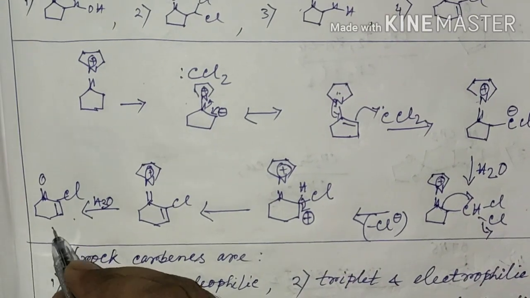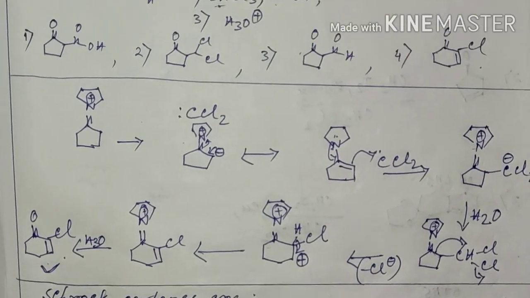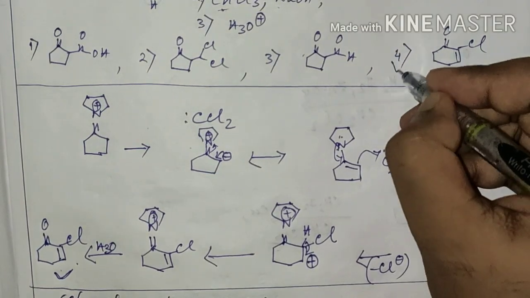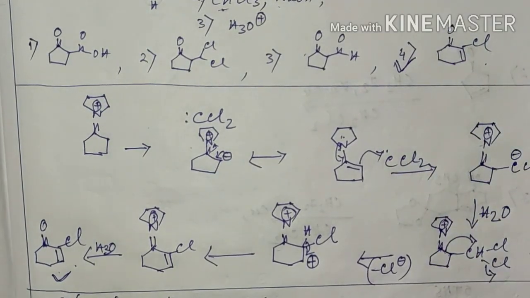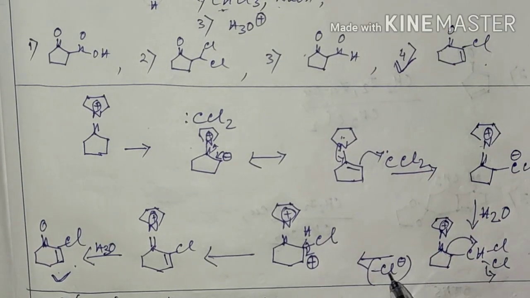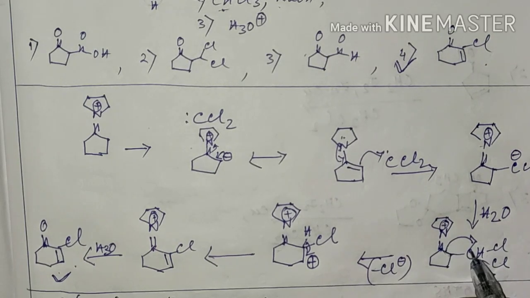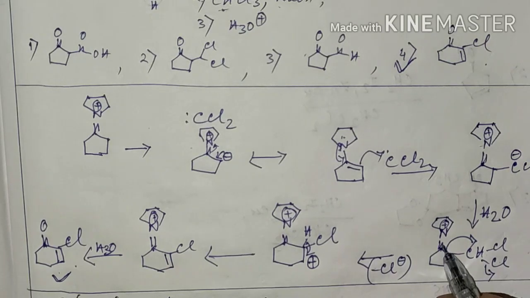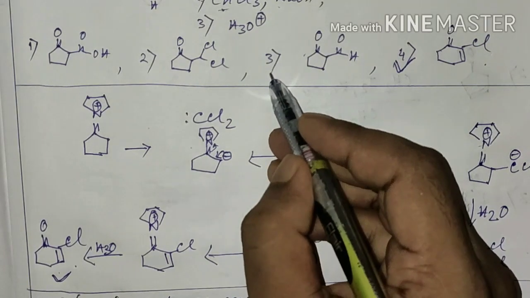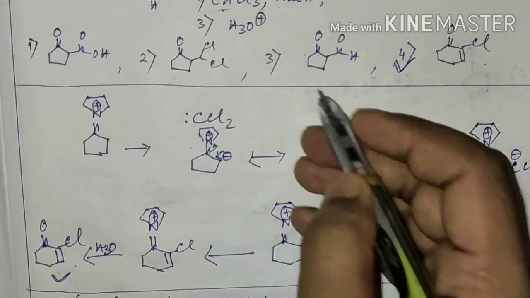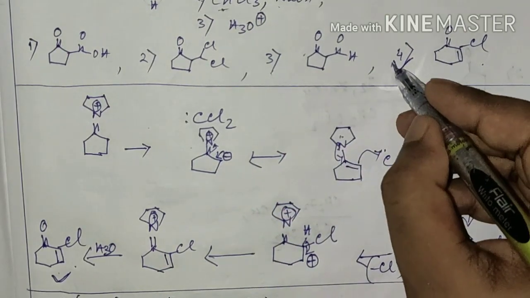So we can see that the final product is this one, and from the options we can say that this is the final product. If you don't remember this step, then you can think that there will be a CHO like in the Reimer-Tiemann reaction, and here will be the carbonyl. So you can think that 3 is the answer, but the correct answer is 4.